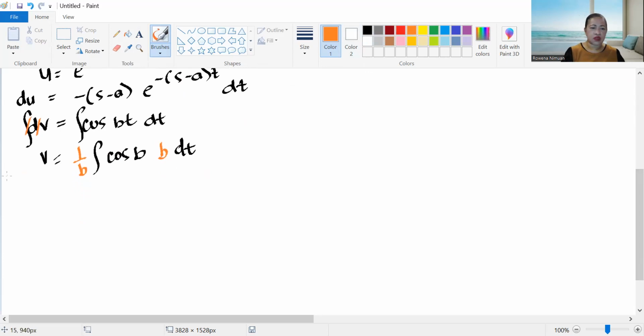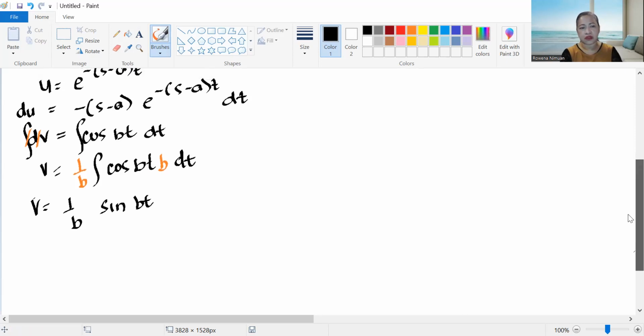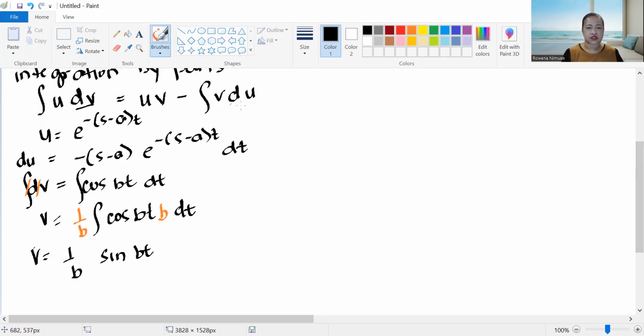So what is the integral of cosine? That will be positive sine of bt, over b. Now we make use of integration by parts.